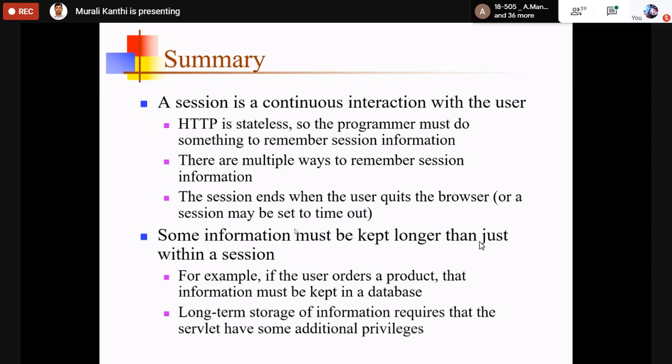Long-term storage of information requires that the servlet have some additional privileges. Take Amazon, for example, where multiple sections are there. In electronics, you want to buy a mobile. What you have to do is add it to the cart. That means you want to buy multiple items: one is a mobile, another is mobile accessories, and another is some clothes.